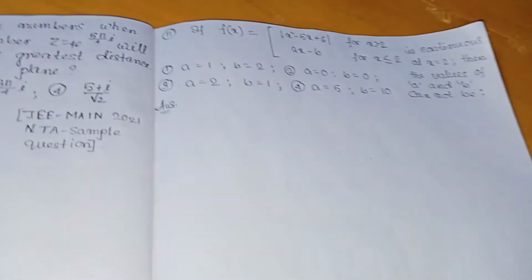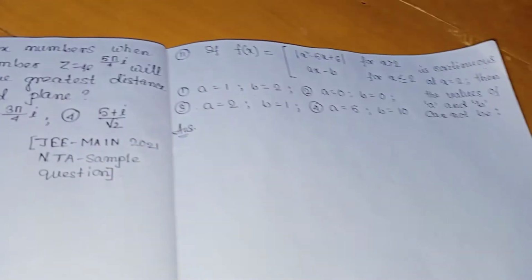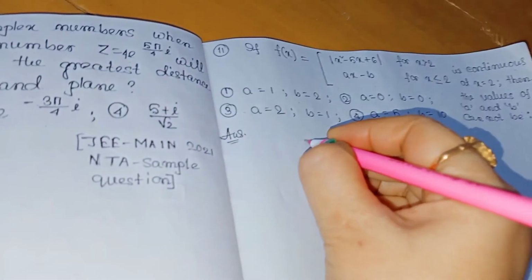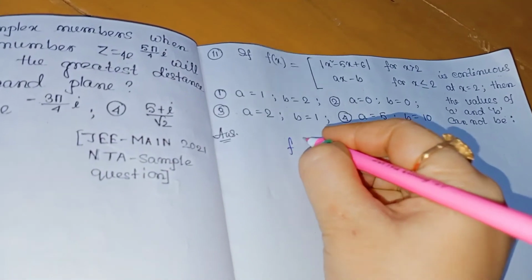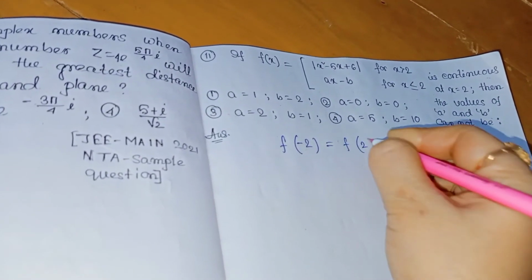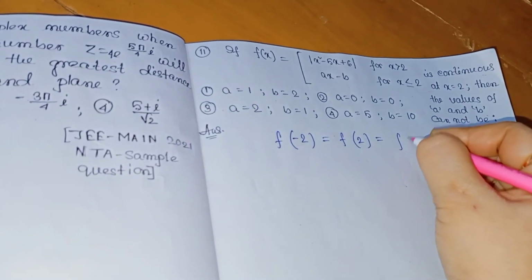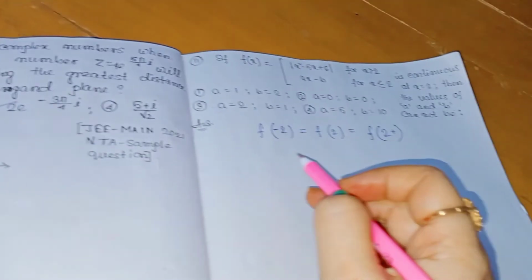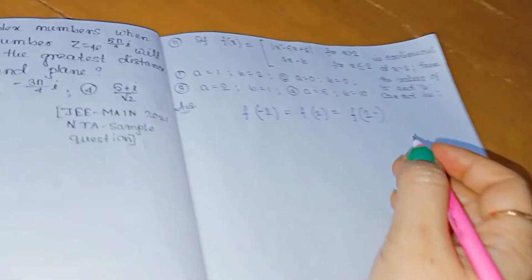So we all know this is a question in the house of function. We all know if a function is continuous, then f of 2 minus is equal to f of 2 is equal to f of 2 plus. So this is the condition of continuity.